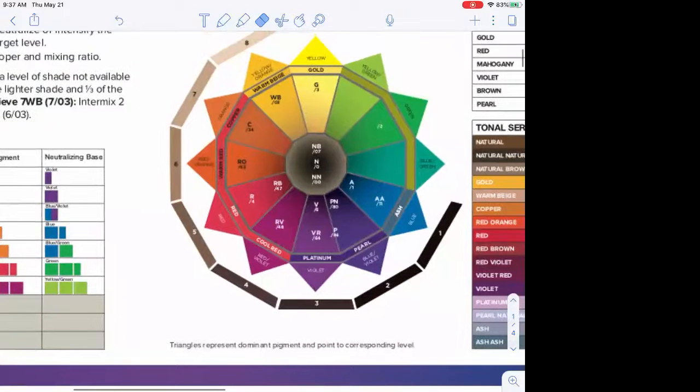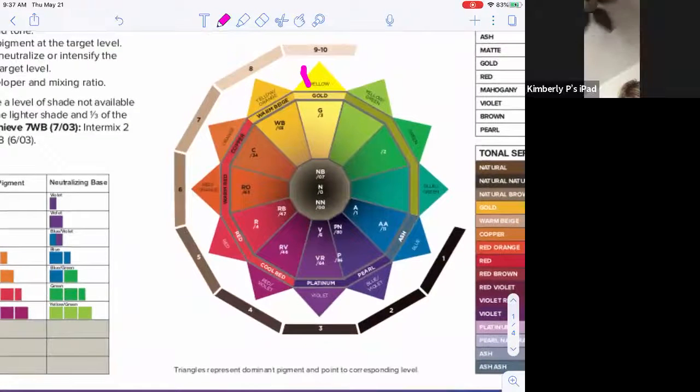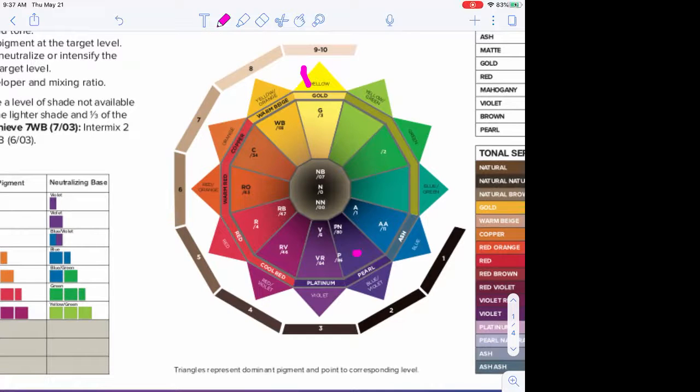So here's why. When you got to this level 9, you were yellow, right? PN is over here in the land of blue violet. So the violet in that tube actually did cancel out the yellow and get you neutral, but the blue part of the blue violet took it cooler, which is why it had that silvery finish.